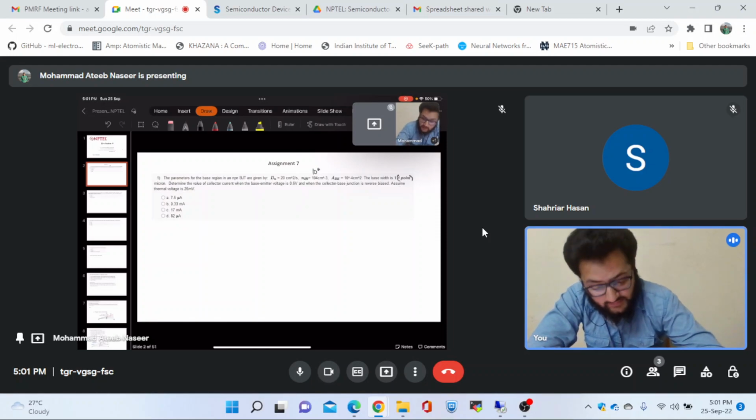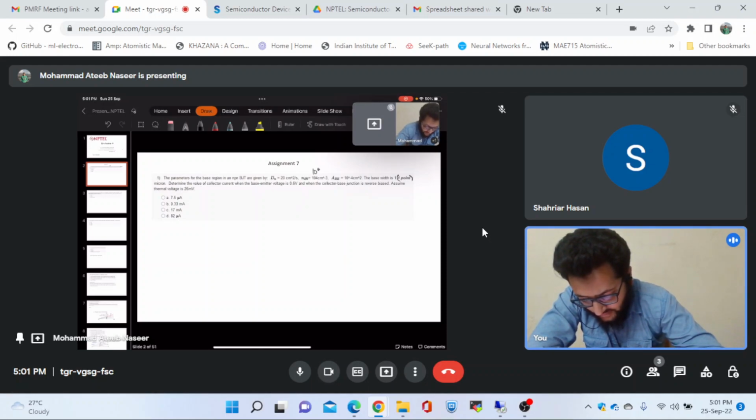We have been told to calculate the collector current when the base to emitter voltage applied is 0.6 volts.